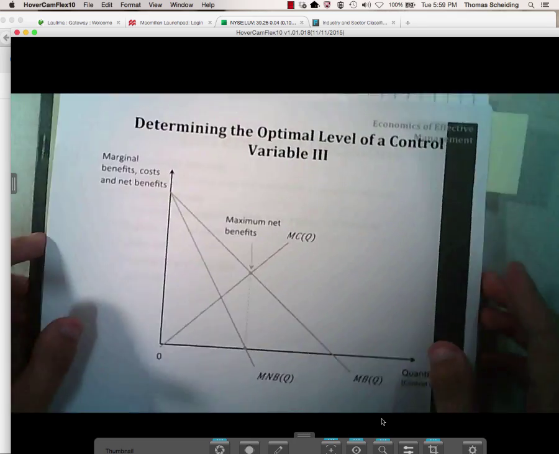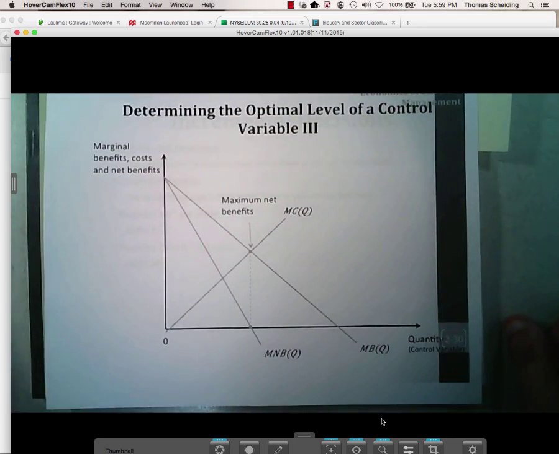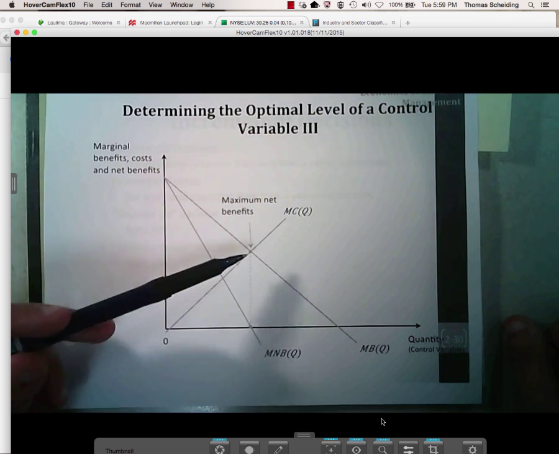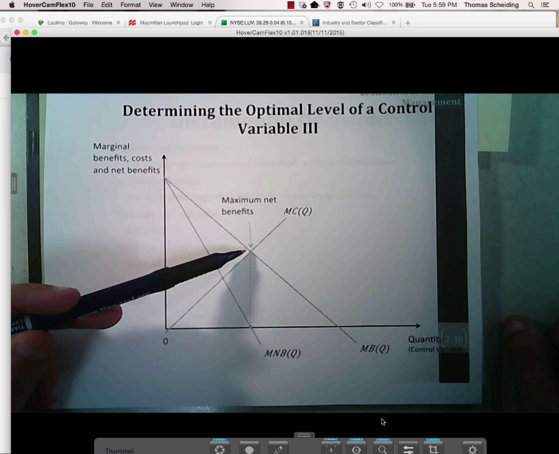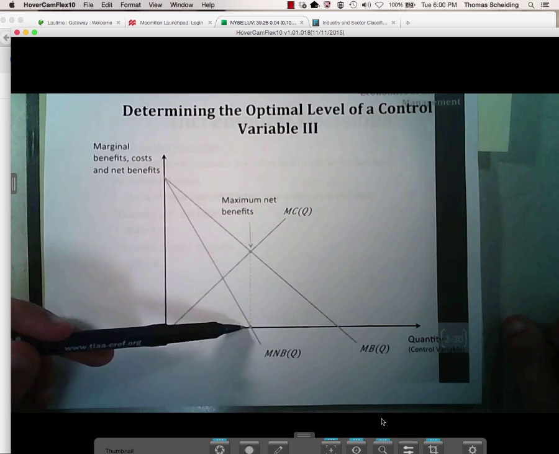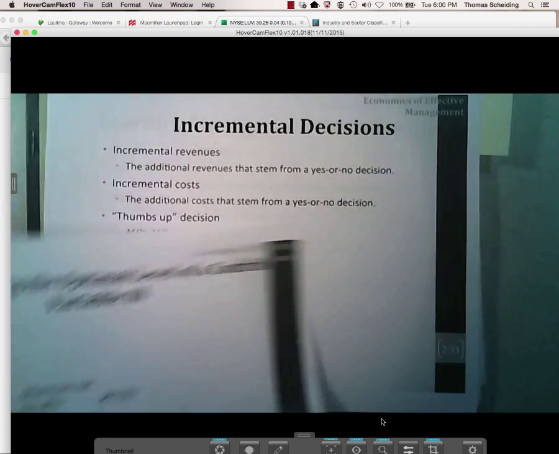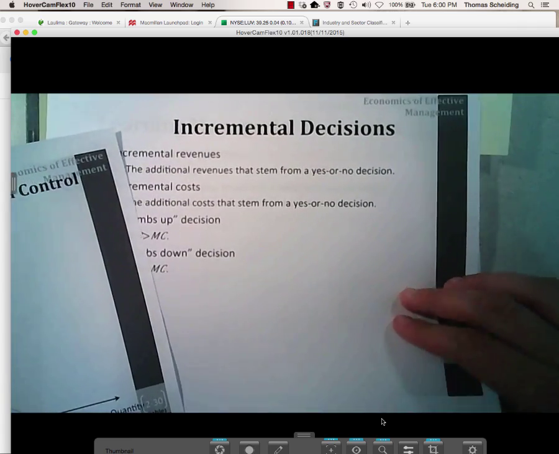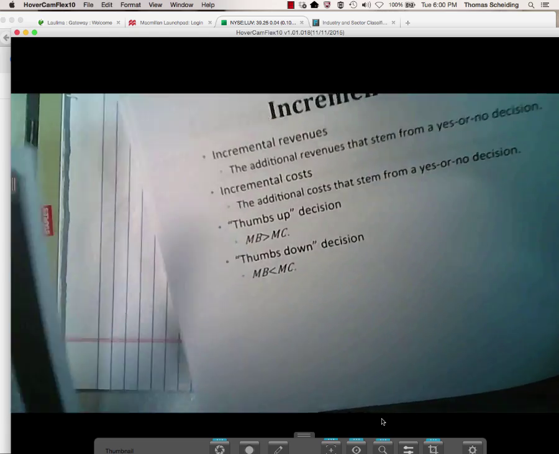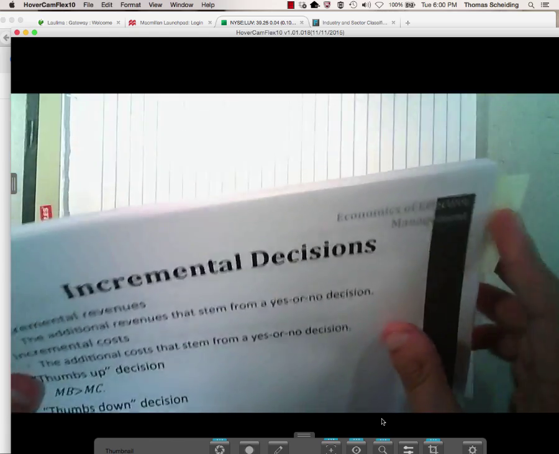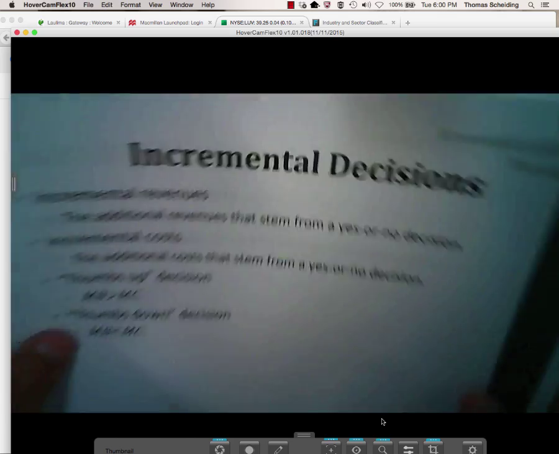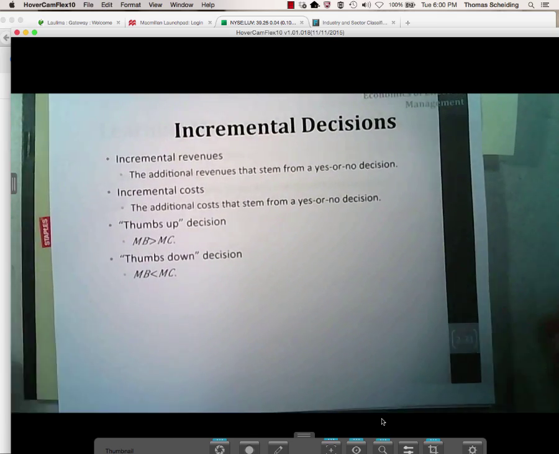And if I want to understand that marginal decision being maximized in a slightly different way, I can find the point of intersection of the marginal benefits and the marginal costs, and that would tell me how much I should produce. Now, as we said, what the manager has to do is make these incremental decisions.